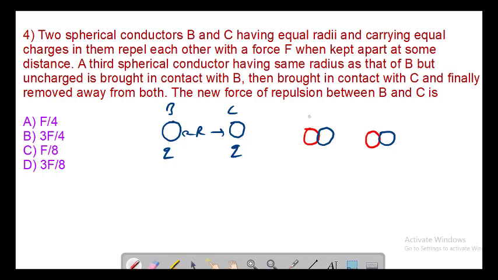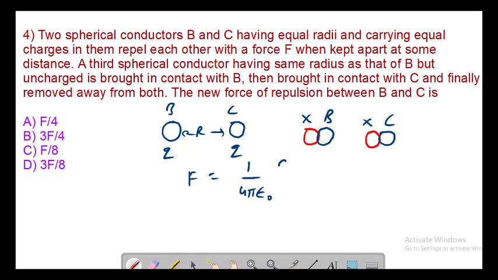This was the new conductor X, so X with B and X with C. Then X is removed. Now again we have to find the repulsion between B and C. So now we continue our calculation. F is the force when the new conductor is not in contact with either of them. This is the force of repulsion. We are ignoring the negative or positive sign.